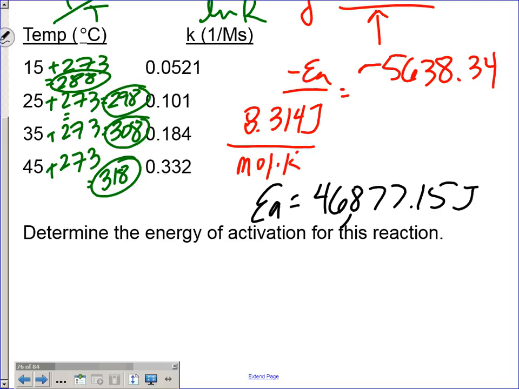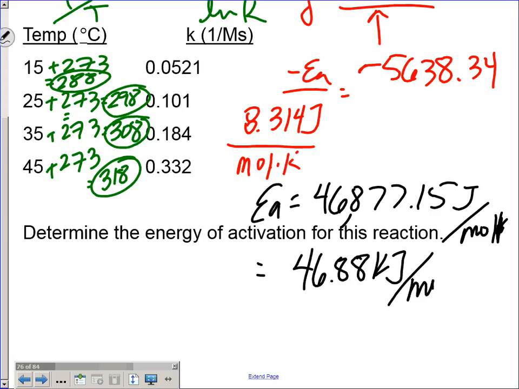It's joules per mole, because where's the K going? It's canceling out because the slope has temperature as a component of it, right? Because it's with x, so the Kelvin cancels out, so then it says joules per mole. What is that in? 46.88 kilojoules per mole. Okay, that's Ea, right?